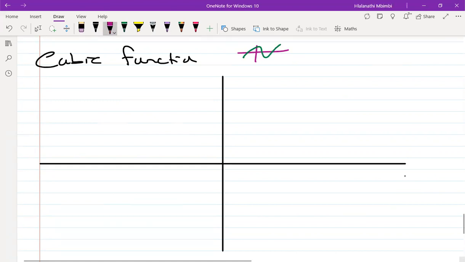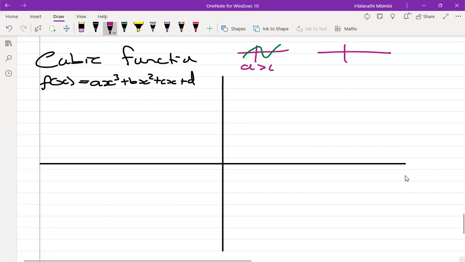Let me also state the equation of the cubic function. It's ax cubed plus bx squared plus cx plus d. You can have an increasing one when a is greater than 0, and you have this one when a is less than 0.